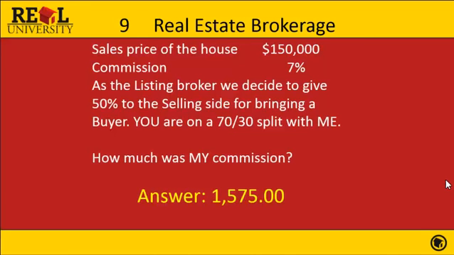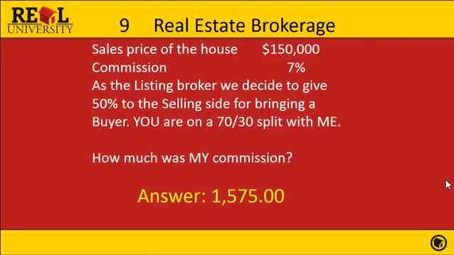Your answer is wrong, because I didn't ask you what you got. I asked you what I got. Answer the question. They are going to do this to you, where they give you one side and then they're going to ask you what the other side got, so make sure you answer the question they actually ask you.